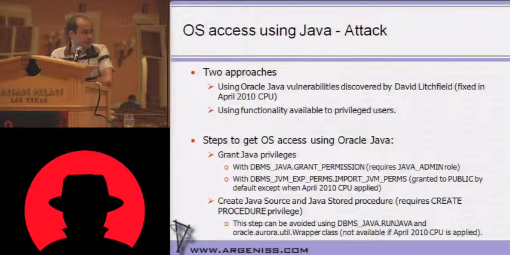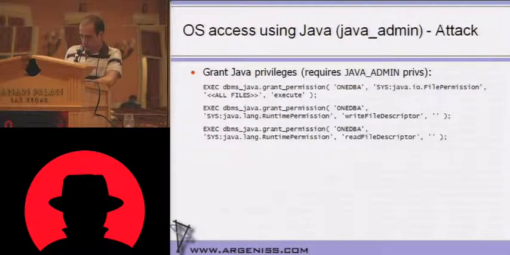This step can be avoided if we use the DBMS Java run Java function and the Oracle Aurora util wrapper class. Well, let's see first an example that requires the Java admin role being granted.